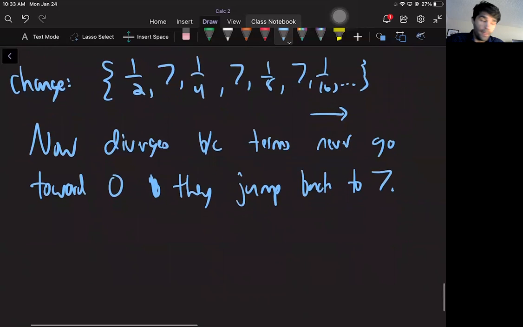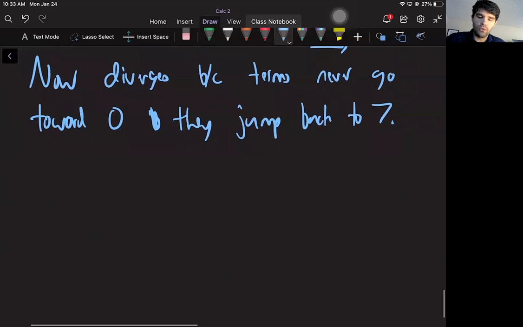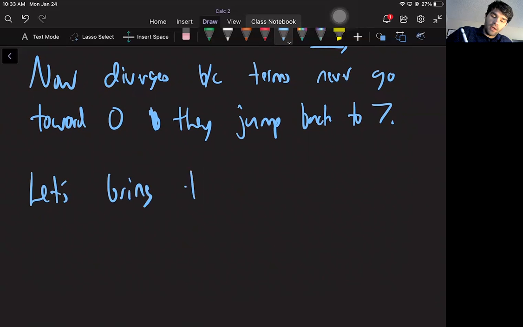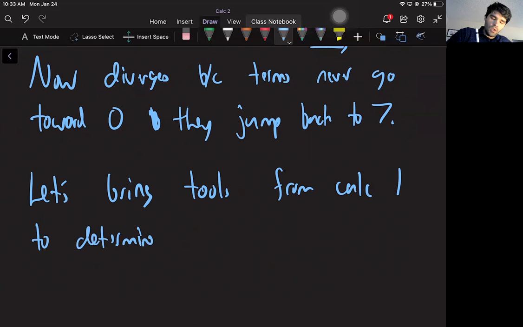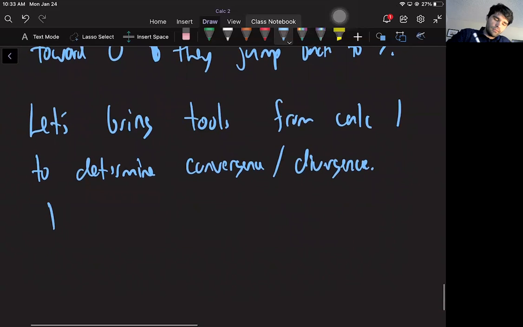Okay, so now let's bring in the tools to actually calculate these things. And we're going to bring tools from Calc 1. We're going to use them to determine convergence or divergence. And so here's the trick.